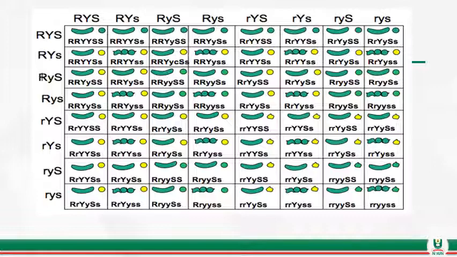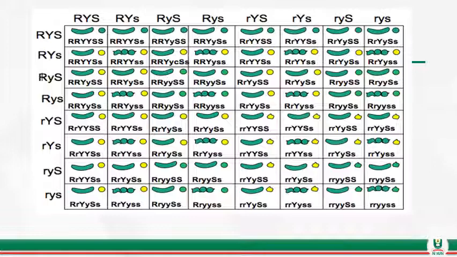So in a trihybrid cross, you have the number of gametes that are formed with the formula 2 raised to power n. And with the formula 3 raised to power n, you know the number of genotypes that are formed. In this case, there are 1, 2, 3, 4, 5, 6, 7, 8 gametes that are formed.